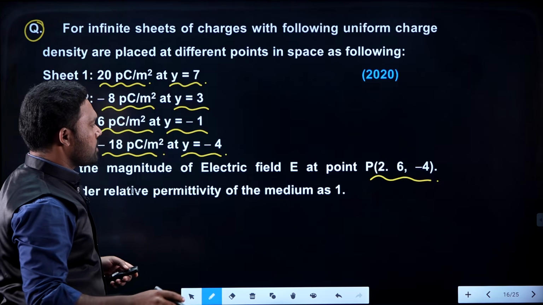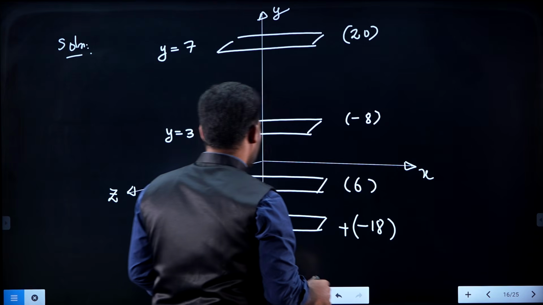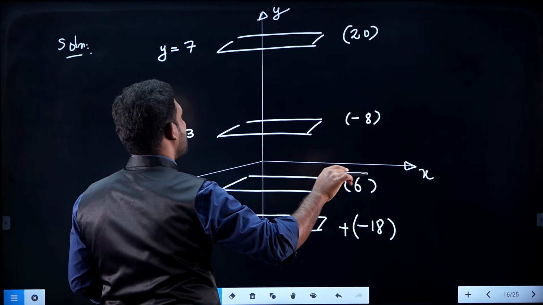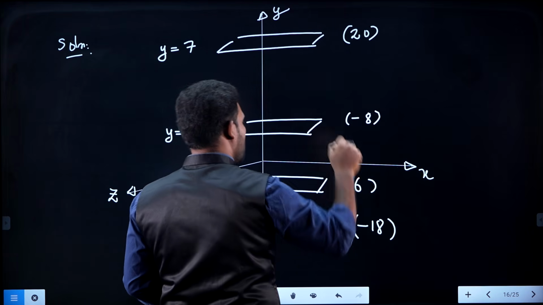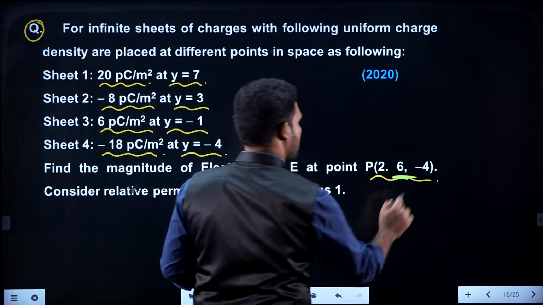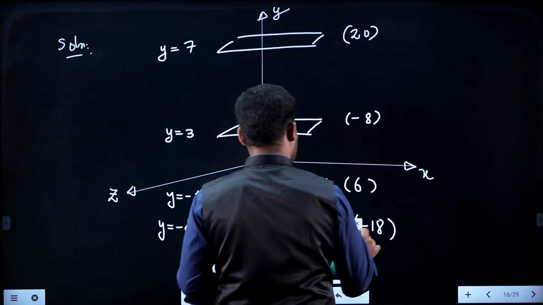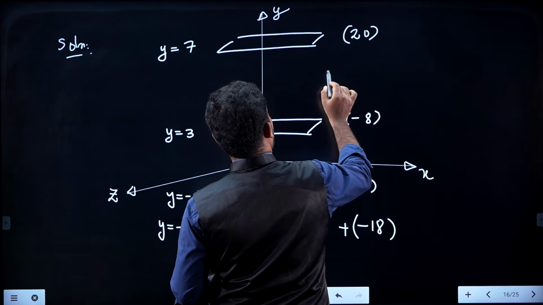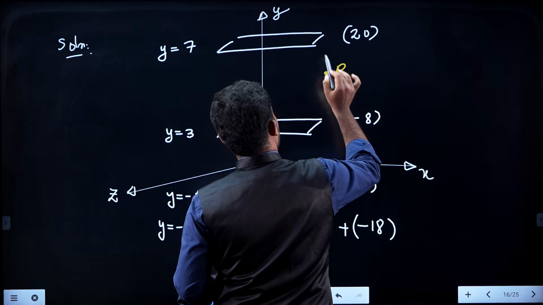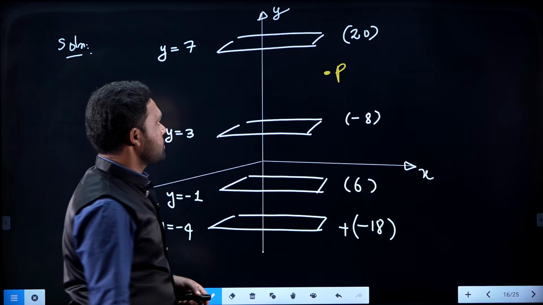So, we are asked to find the electric field at (2, 6, minus 4). You can notice here the y value is 6. That means, where is that point? That point is somewhere here, because the y value is 6.